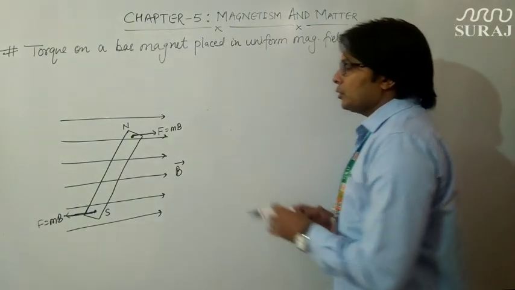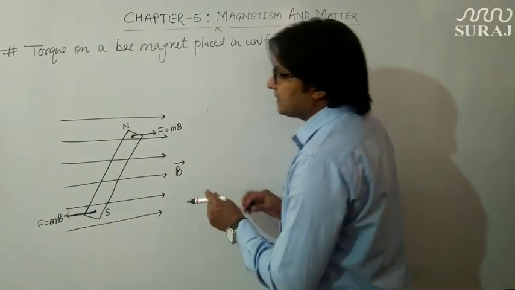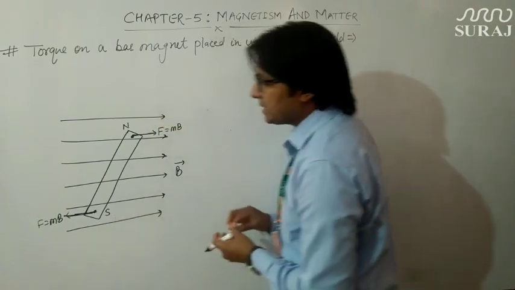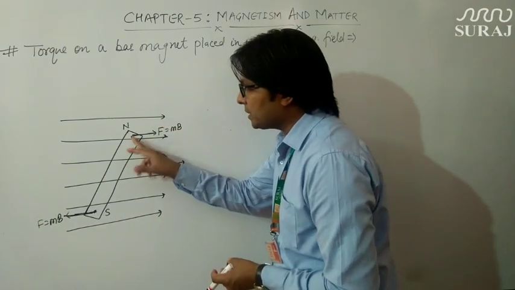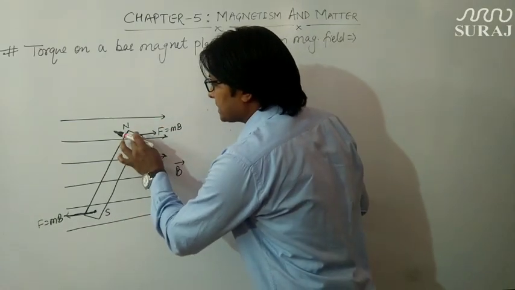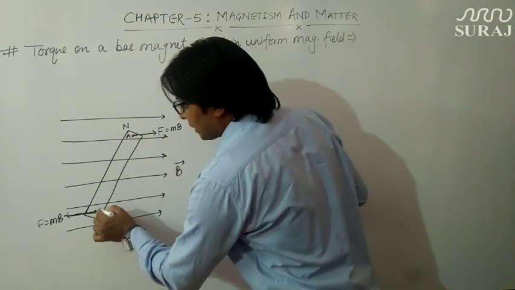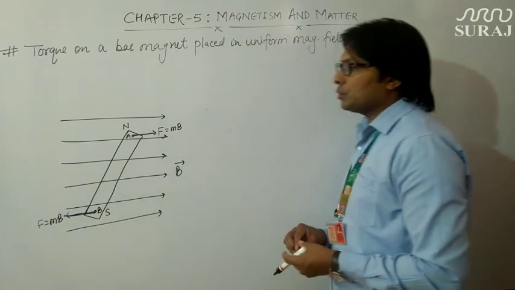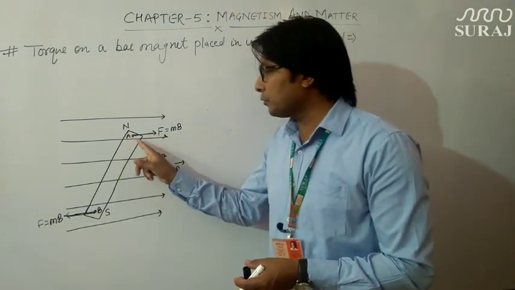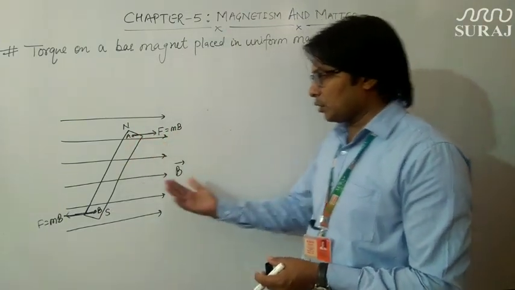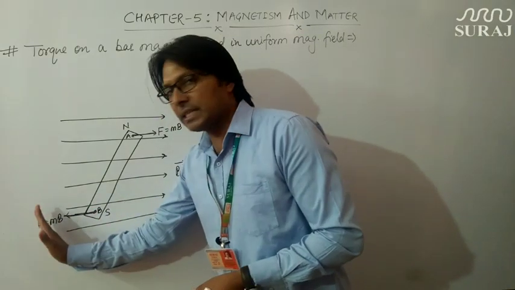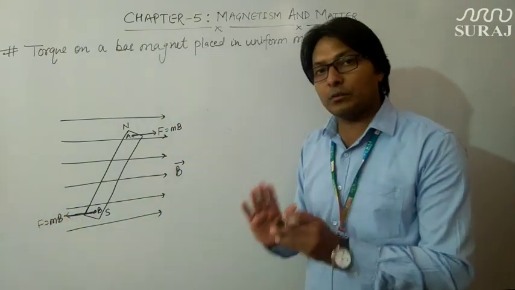Now you can see that on this point, which I denote as point A, and this point, which I denote as point B, the force on A is in this direction and the force on B is in this direction, and the forces are of equal magnitude.